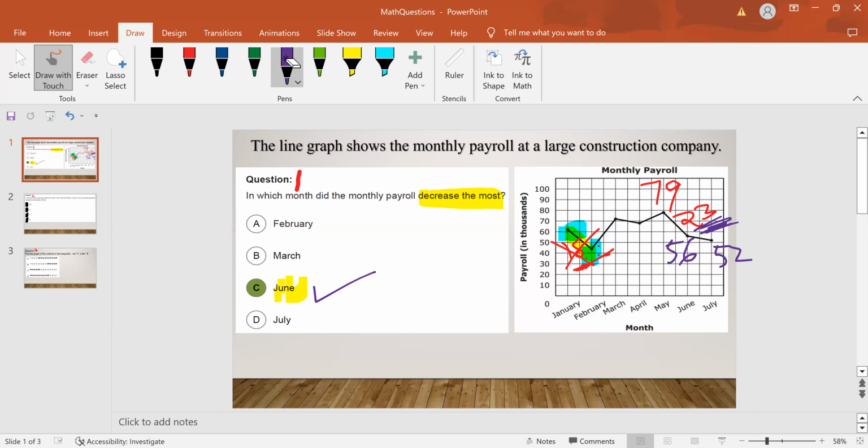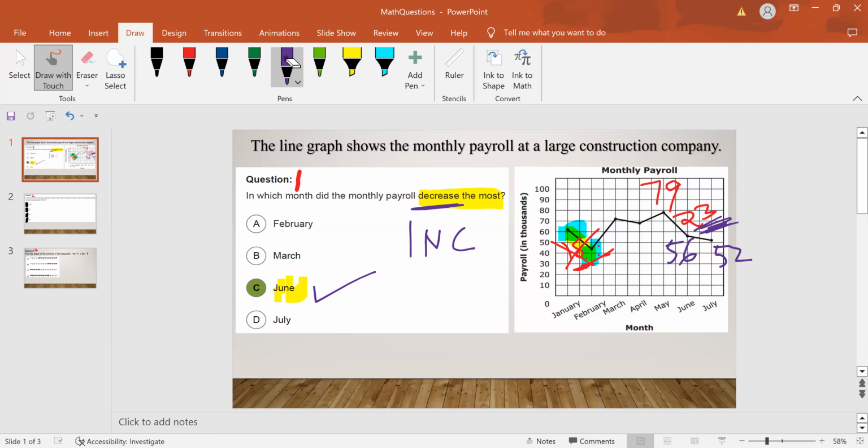The reason I say this is a little bit tricky is because you have to understand that they want to know the gap between 2 months when the value, the payroll amount, drops. That's the thing. Suppose they give you a similar question, but instead of decrease, they change it to increase.